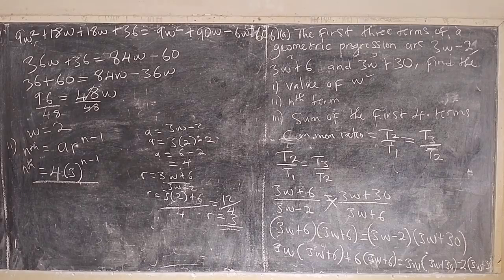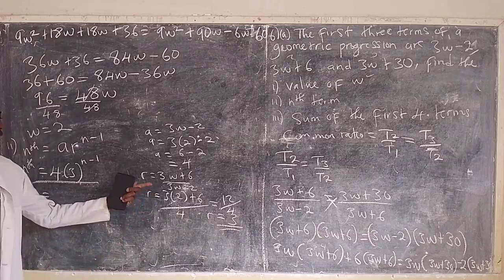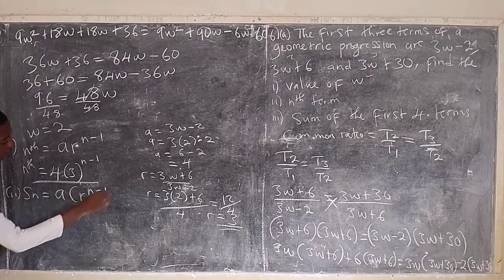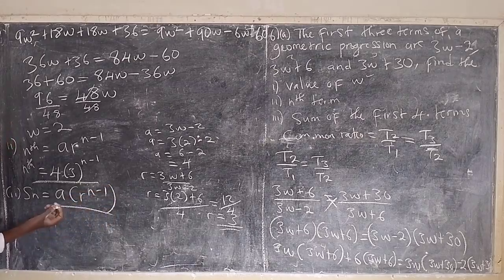Then last but not least, the sum of the first 4 terms. The sum of a GP has 2 formulas. Since our common ratio is greater than 1, we use a open brackets r^n minus 1 over r minus 1.